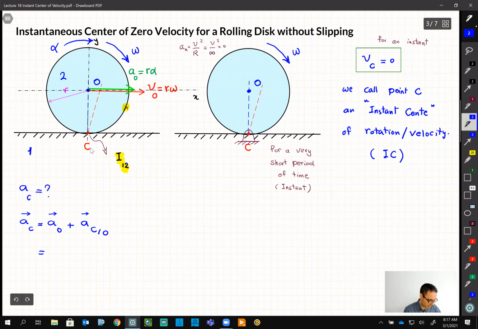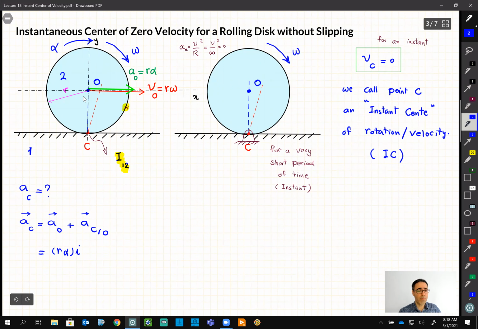We just calculated. It is R alpha, and its direction is in the X direction, which we show by I for simplicity. What is the acceleration of point C with respect to O?